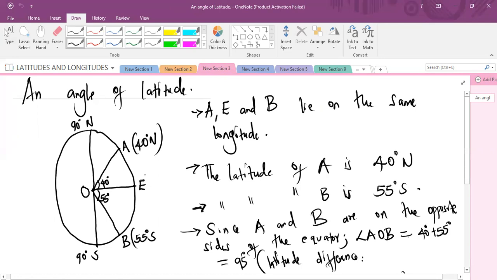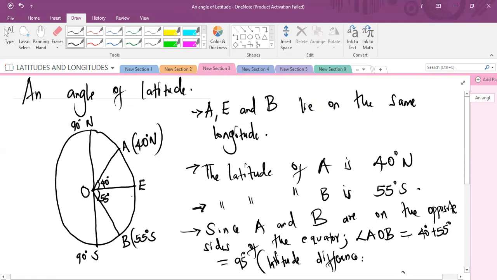Now, the angles of latitude, as we can see here, if the center of this sphere is O, then the latitude of A is 40 degrees north. And the latitude of B, as we can see here, is 55 degrees south.